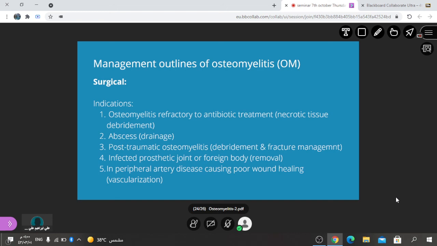For post-traumatic osteomyelitis, we need debridement and fracture management. Infected prosthetics should be removed, as should any foreign body. In peripheral artery disease, we may go to the surgical choice to revascularize the wound area.